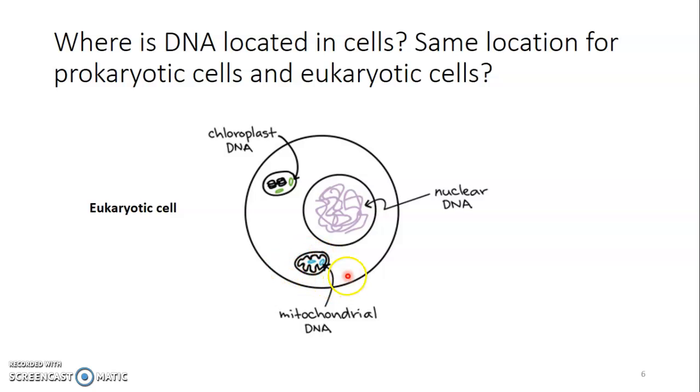So animal cells, of course, don't have a chloroplast, so this is a mixture of both plant cells and animal cells. But all eukaryotic cells have mitochondria, so they do have their own DNA, and these are from prokaryotic origins.